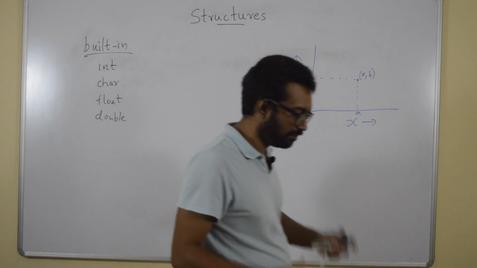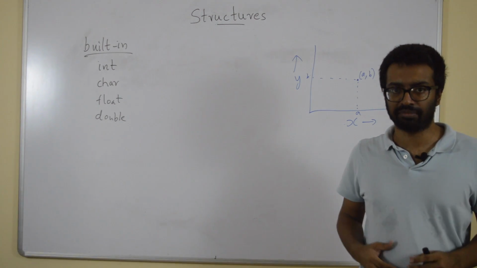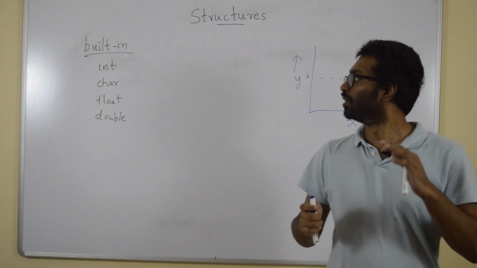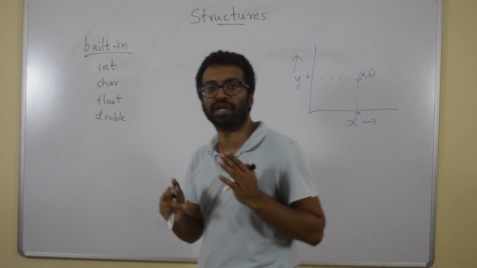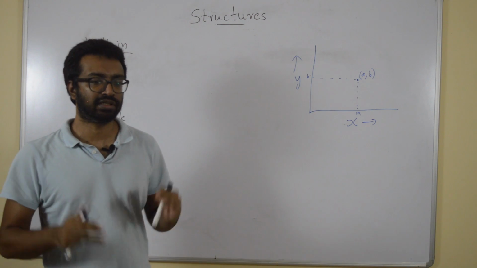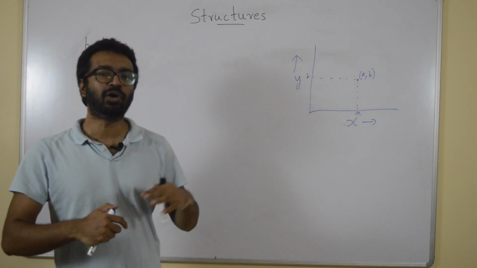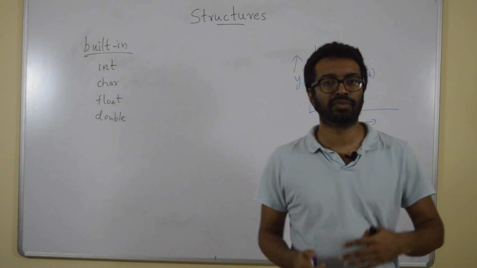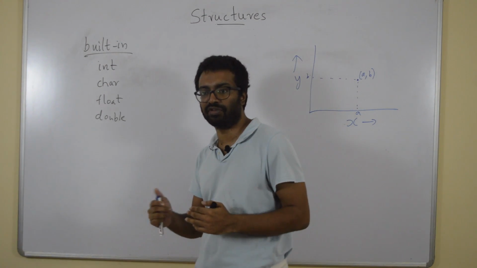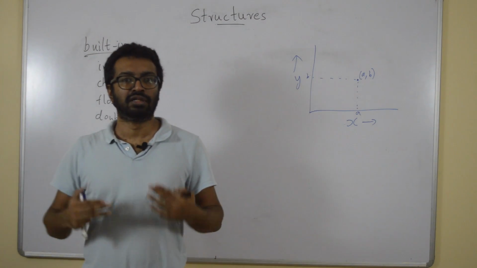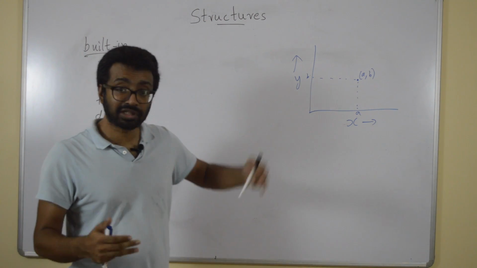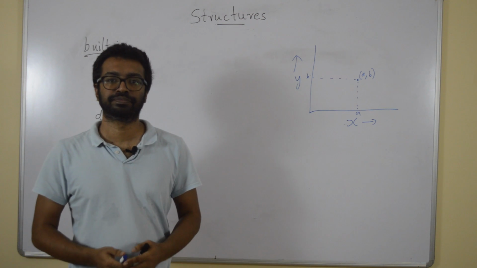So how do I build such a data type? That's where structures come in. So now the first question is, how do I define this data type? The second question is, how can I declare variables of this corresponding data type? The next question will be how to access the members of this data type.